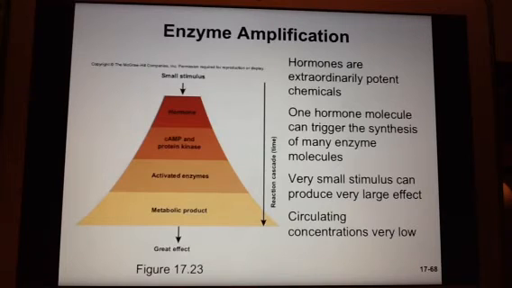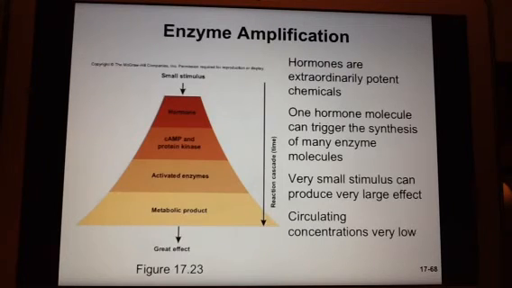Your book gives the example of one hormone making 1,000 cAMP molecules, like in the previous slide. And so if then 1,000 of those cAMP molecules make 1,000 enzymes each, well then those enzymes are going to eventually make, and this is kind of an exponential process, 1 billion molecules of the product, whatever that product may be.